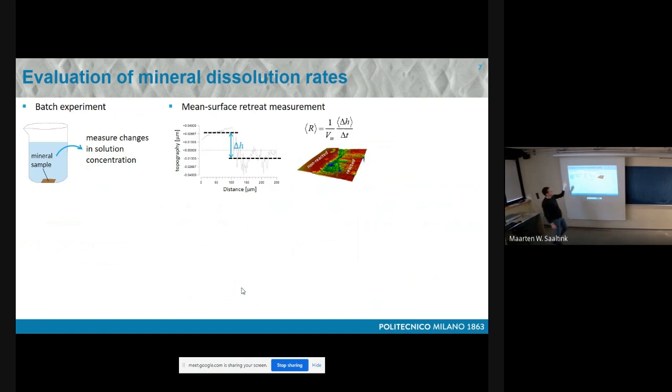The key idea is to first observe and quantify, and then try to model in some way, dissolution rates by considering pure calcite in contact with some fluid.